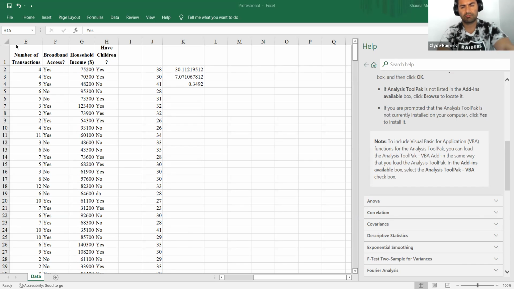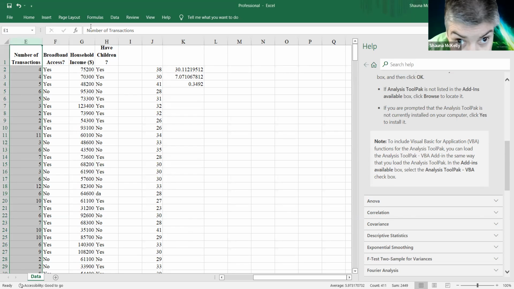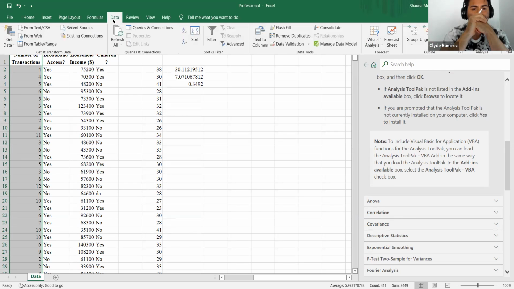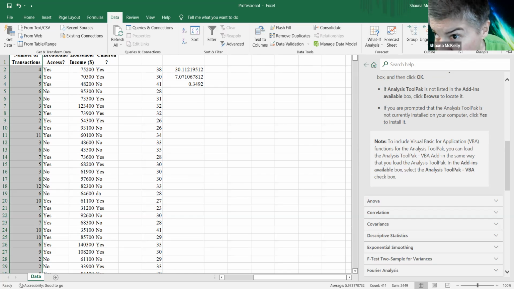For example, here, I'm gonna select column E and I'm gonna hit data. Now, it depends on if it's already enabled for you. All the way over here on the far right is analysis.